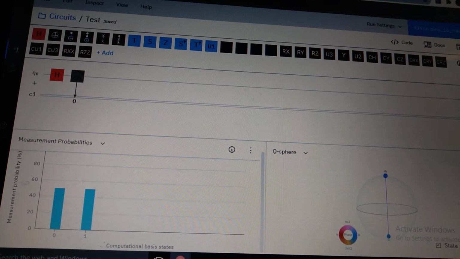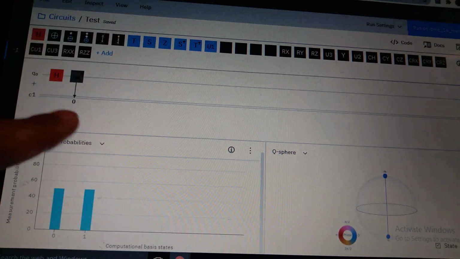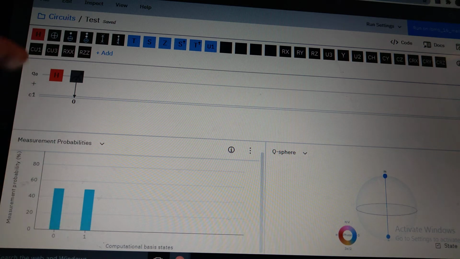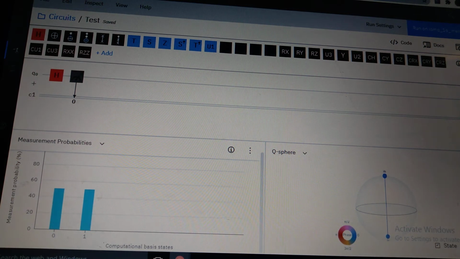Not something very profound about this one yet, right? And it's not very appealing because we are just using one qubit, one spinning electron, and it's either one possibility or the other, right?